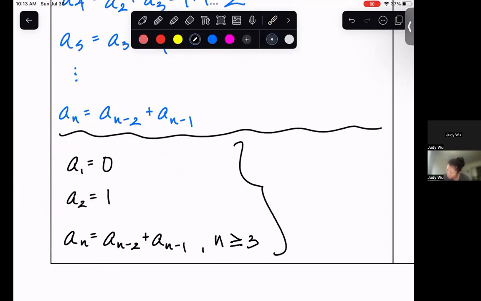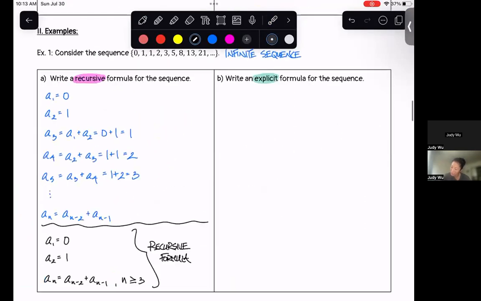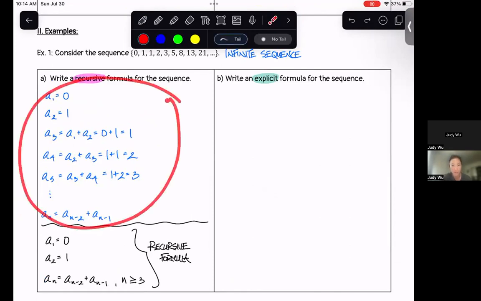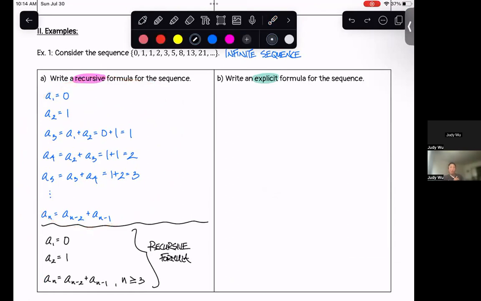So we want to make sure that we know all of this is the recursive formula. All right, and the way we got it, we found the pattern from looking at the numbers, okay? Now, I think I mentioned earlier that the recursive formula tends to be a little easier to find because we can look at the numbers and kind of see what the pattern is, okay?